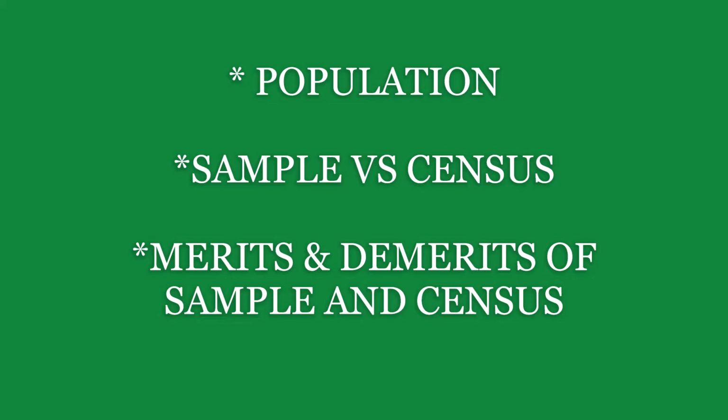While we identify a sample as a subset of this total group, as a subset of the entire population, as a group of selected elements or units from the population. And of course, as opposed to a sample, we have what we call a complete enumeration of the population, which we refer to as census.